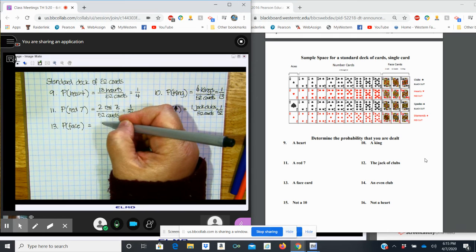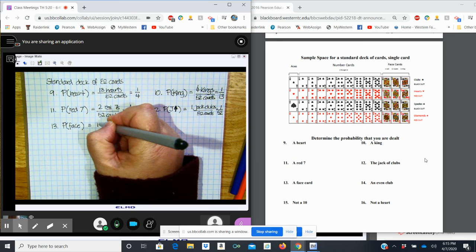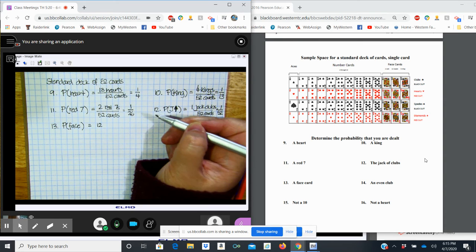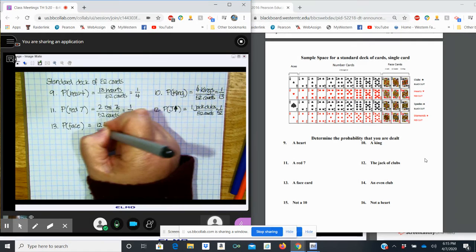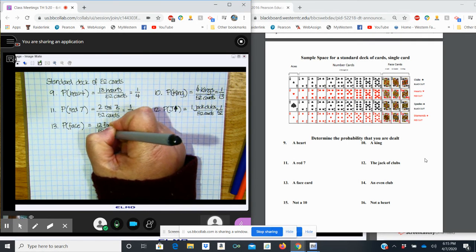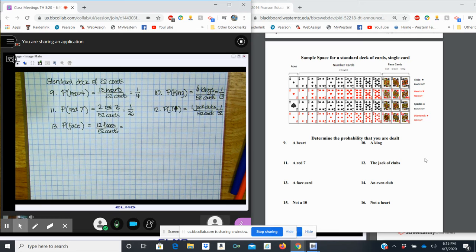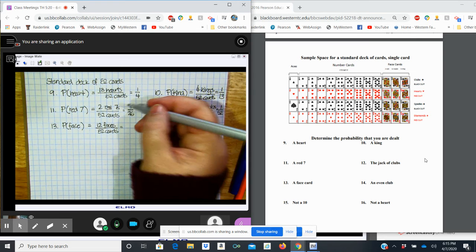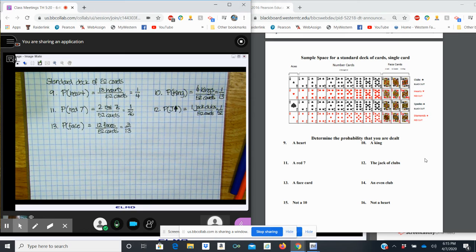So that's either going to be a jack, a king, or a queen for each of the 4 suits. So there are 12 faces on 52 cards, which gives me a probability of 3 out of 13.